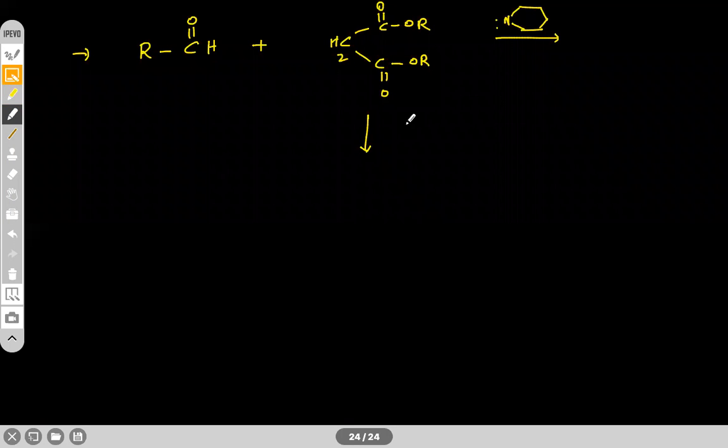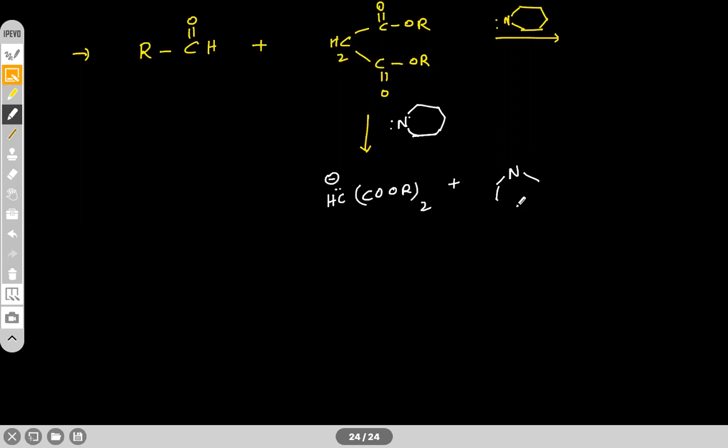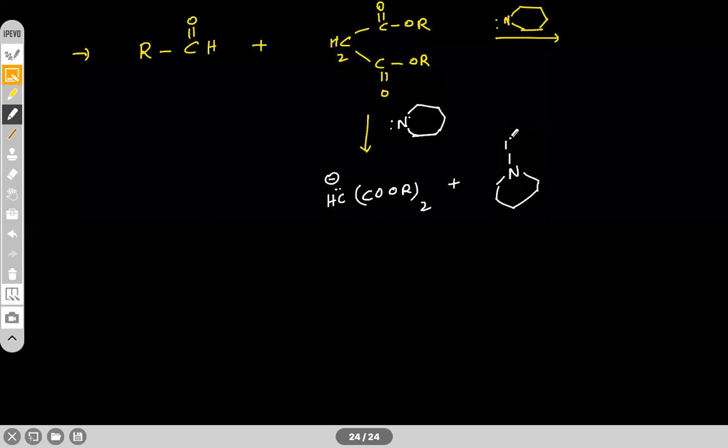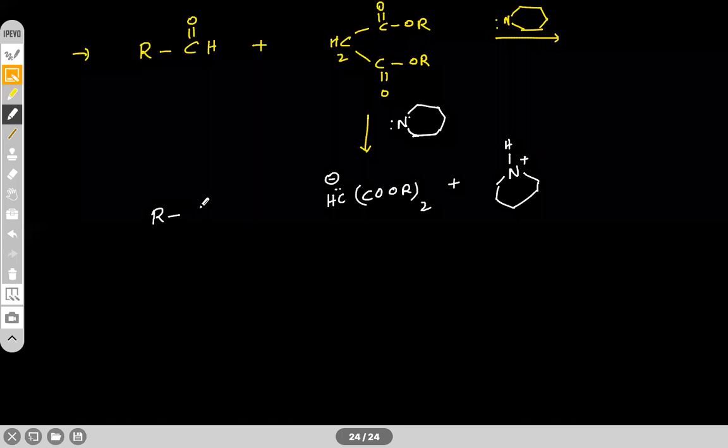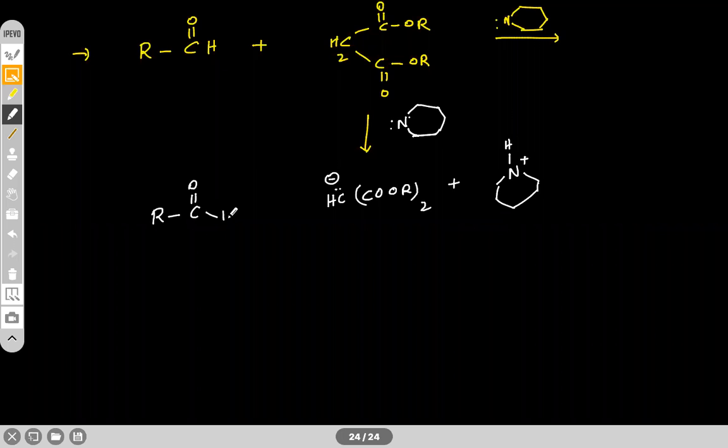So if this reacts with piperidine, we get the conjugate base of this acid, HC with a negative lone pair and CO-OR twice, and the conjugate acid of piperidine with H positive charge.